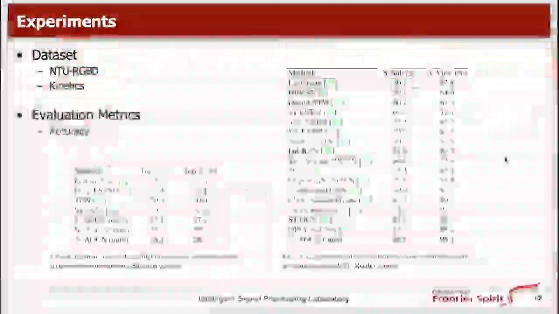First, I need to give you some background information about the NTU RGB dataset. It was conducted by 40 different volunteers, and every action is performed by different subjects.